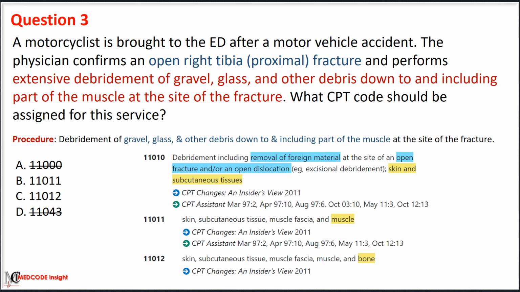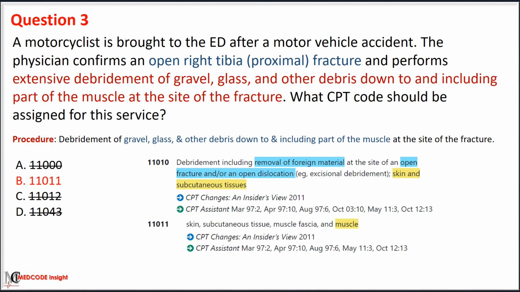In the given scenario, the removal of the foreign material and debridement extend to the muscle only. Therefore, we can eliminate option C, which is for the debridement down to the bone. So, our correct option is option B with the code 11011, which is for the removal of foreign body at the site of open fracture and debridement that extends to the muscle only.